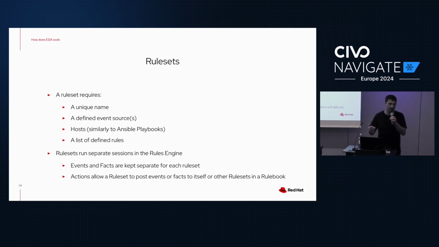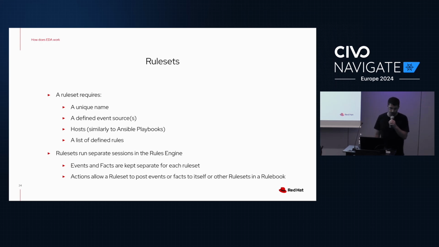So effectively, you can have completely different parts of this event-driven system that don't interact with one another. Even though a rule set can post events, which means that if a rule set posts an event that then gets caught by another rule set, then you can also have interactions there, but you have to do it yourself. It does not happen automatically.